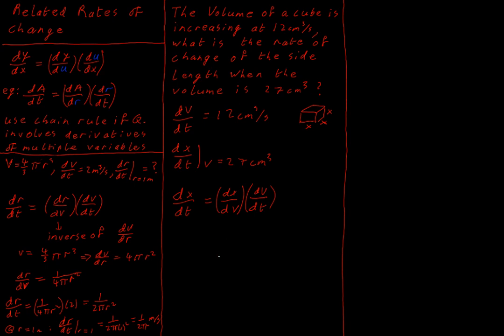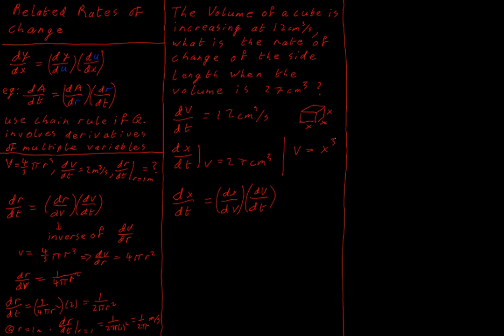And again, this situation has occurred where I've ended up with dx/dV, which is kind of a confusing thing to try and find for a cube. How's the side length changing as the volume of a cube changes? I usually think of volume of a cube the other way around. The volume of a cube would be x cubed.